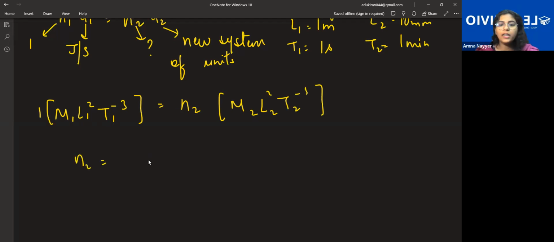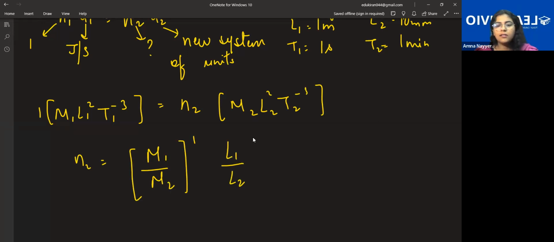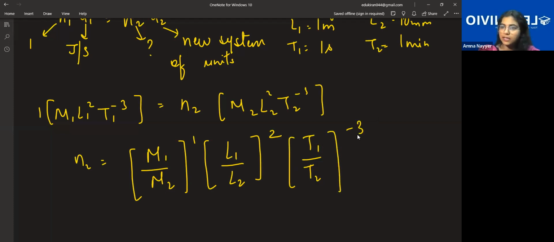So what will N2 be? N2 equals M1 by M2 to the power 1, L1 by L2 to the power 2, T1 by T2 to the power minus 3. All right, this is what is given.